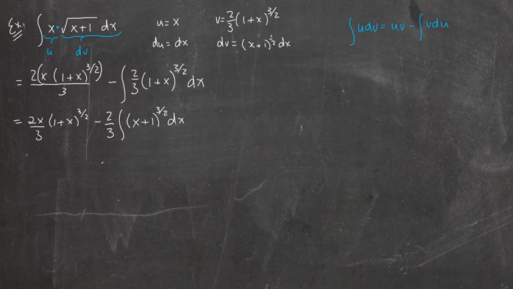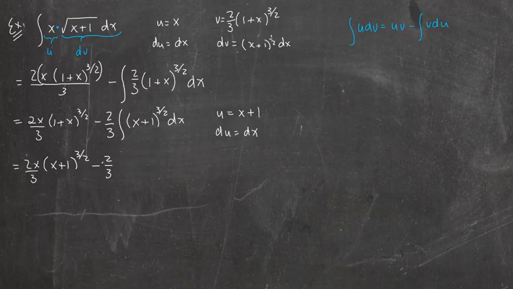I'm going to let u equal x plus 1, and so du equals dx. 2x over 3 times x plus 1 to the 3/2 minus 2/3 times the antiderivative of u to the 3/2. This time dx just equals du.